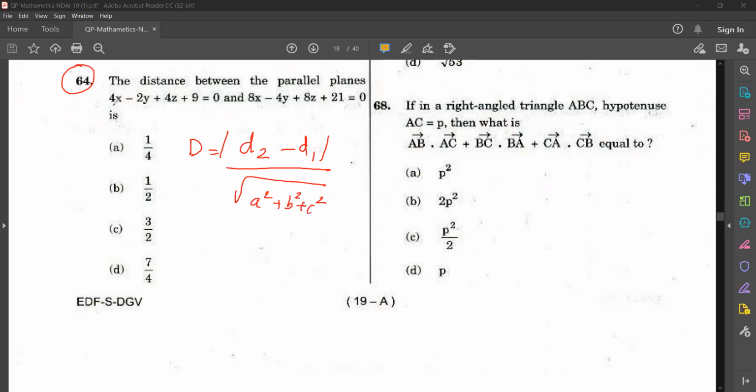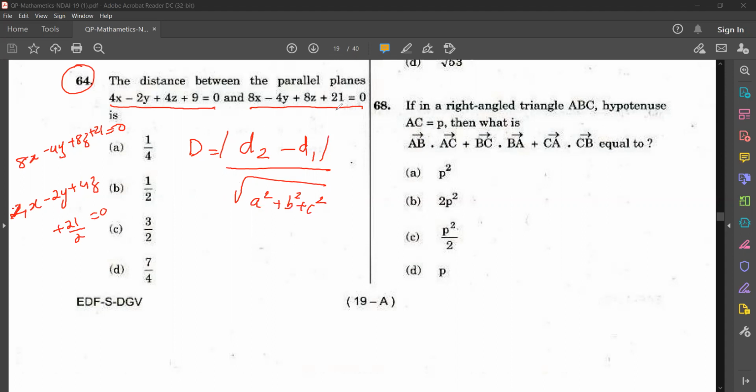Now how to find d2 minus d1? We write this equation in a simple manner. 8x minus 4y plus 8z plus 21 equal to 0, we can write as 4x minus 2y plus 4z plus 21 by 2 equal to 0.